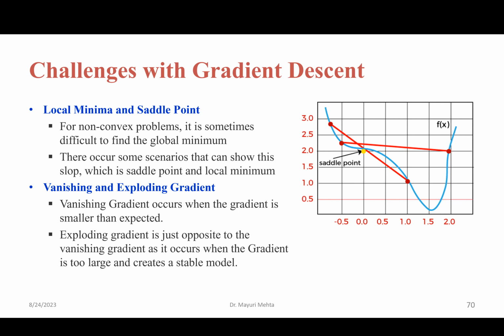The second is vanishing and exploding gradient. In deep neural networks, if the model is trained with gradient descent and back propagation, there can occur two more issues other than local minima and saddle point. I thought to discuss this problem with the last topic of this unit, which is back propagation and gradient descent, but I'm discussing it here because we are discussing gradient descent.